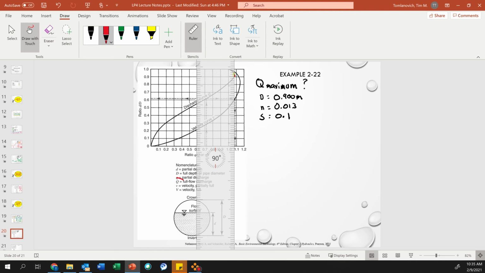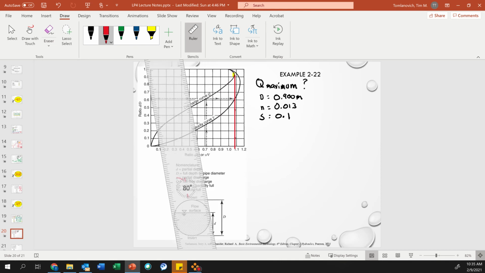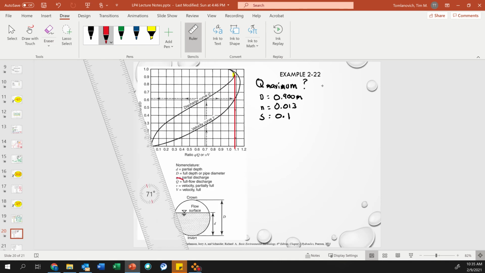If I bring that down, I'm going to have to say my Q over big Q equals 1.09.